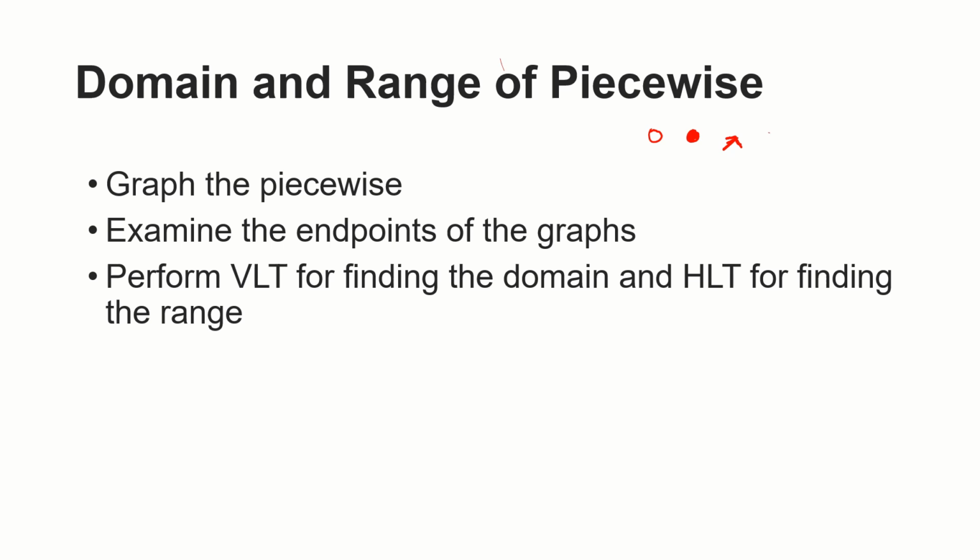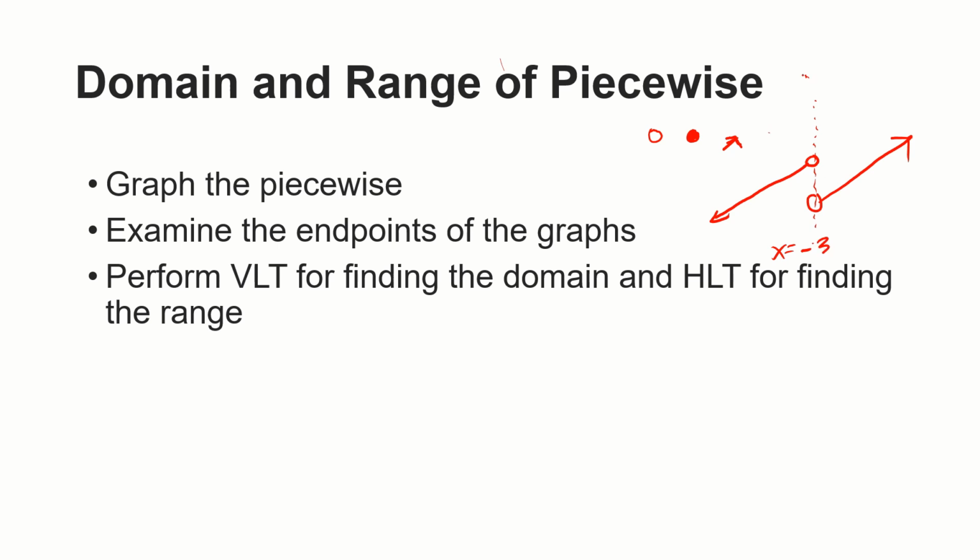So for example, if our graph looks like this one, and we have a hole in this graph, and then let's say the second graph of our piecewise is this one. So let's say for example that this is at x is equal to negative 3.